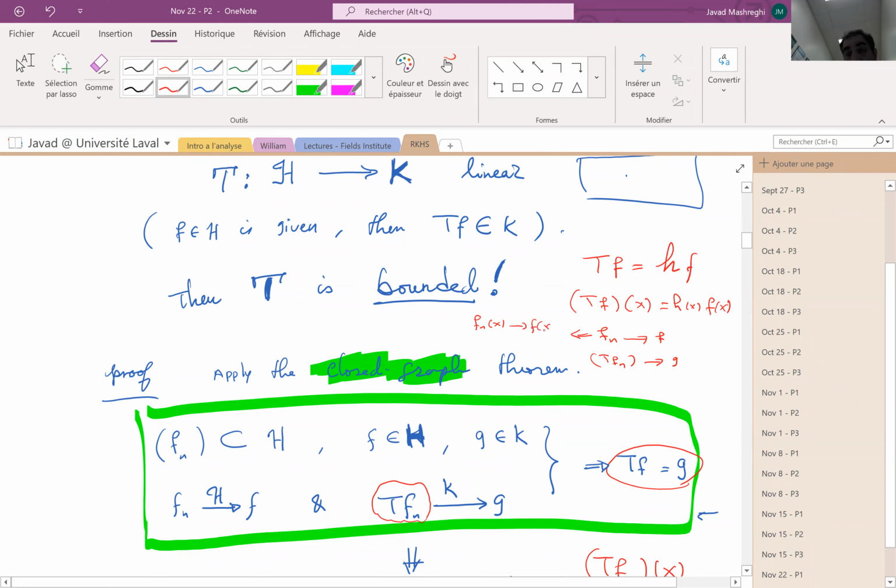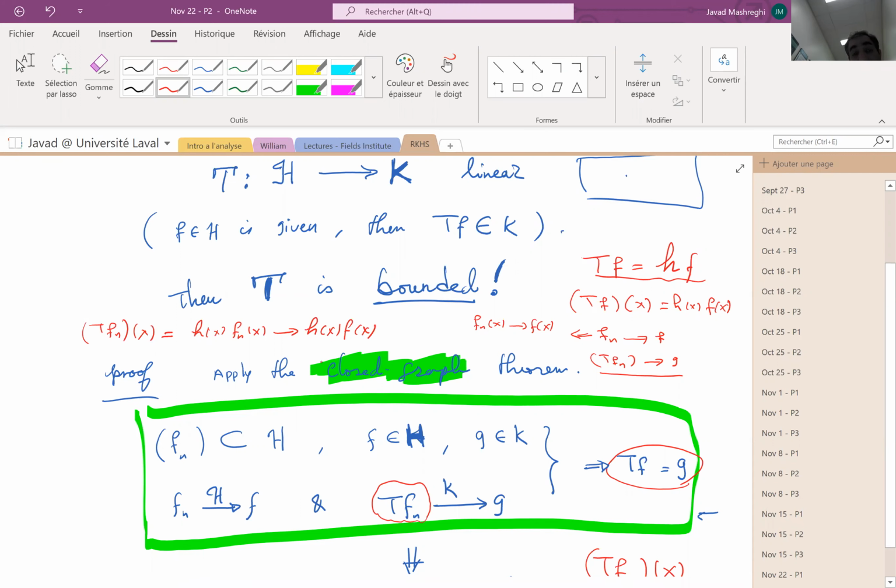Here is the definition: it is h of x times Fn of x, which goes to h of x times f of x, on one hand. On the other hand, I assume that it goes to g of x also. And therefore, g is equal to h times f, in other words, equal to T of f. And therefore, I can apply the closed graph theorem.